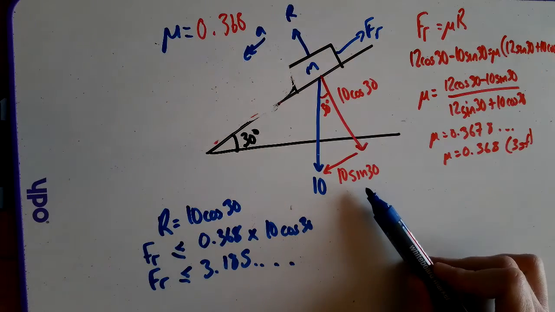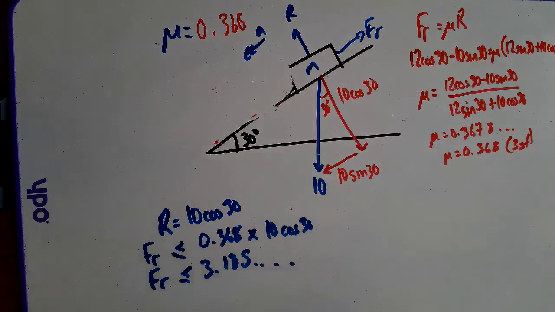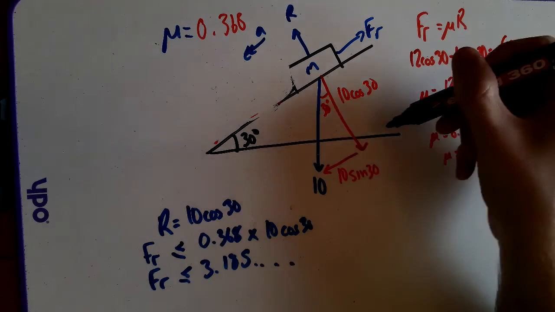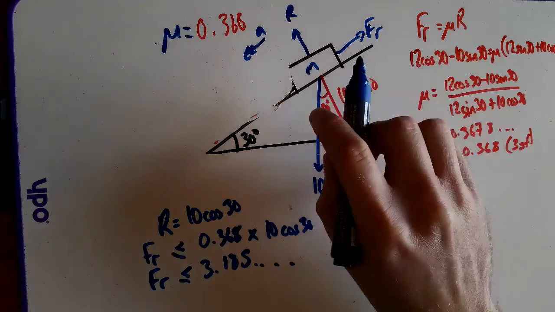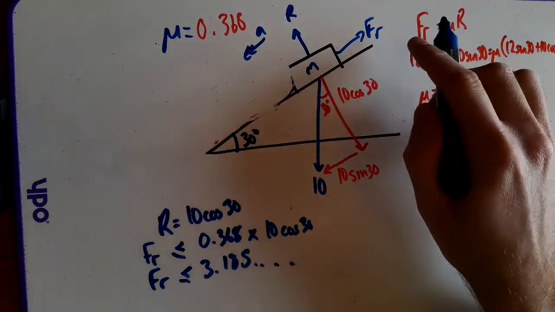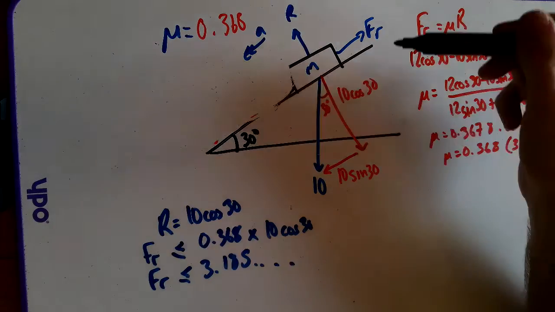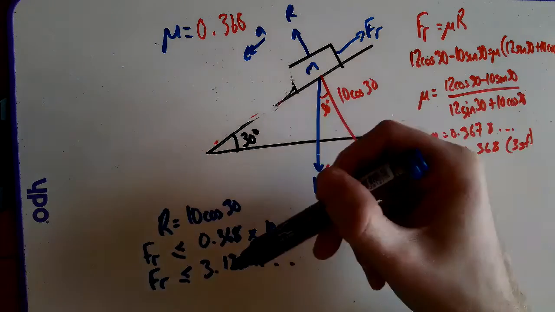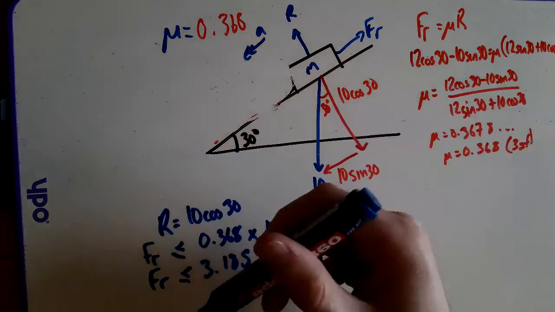Well, let's look at what 10 sine 30 is. 10 sine 30. Well, this is 5. So if 5 is trying to pull it down, friction can be anything up to 3.185. So 5 is stronger than this one. So therefore, 5 will win, and 5 will make it slide down. So it will slide down the slope.